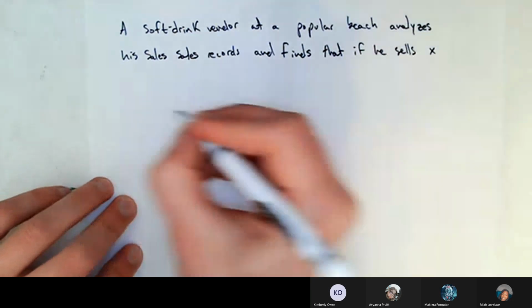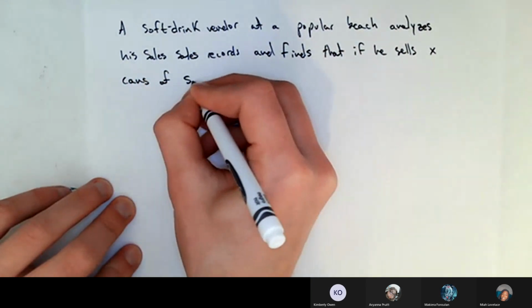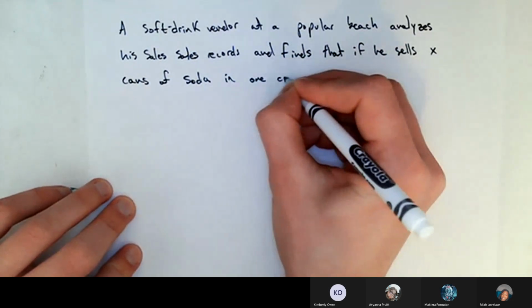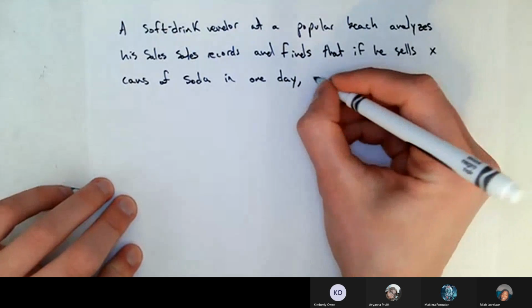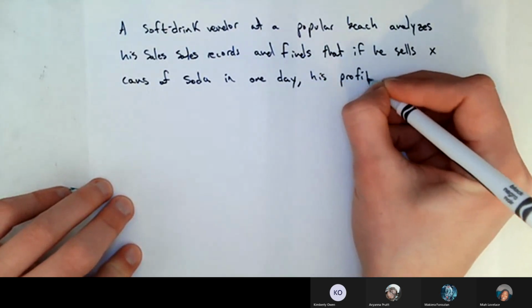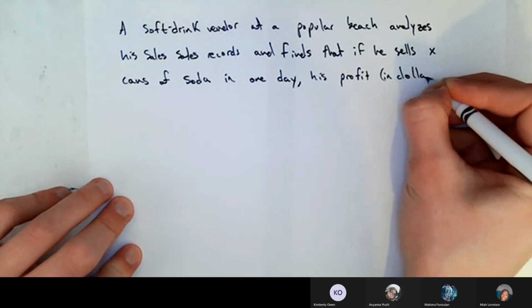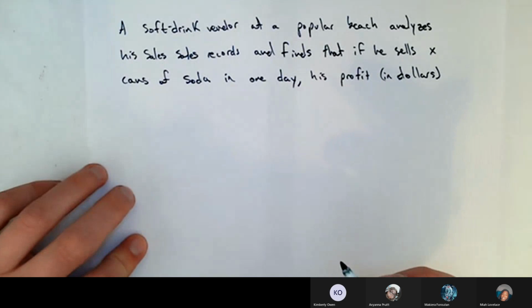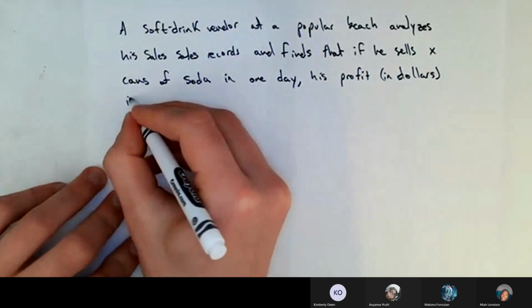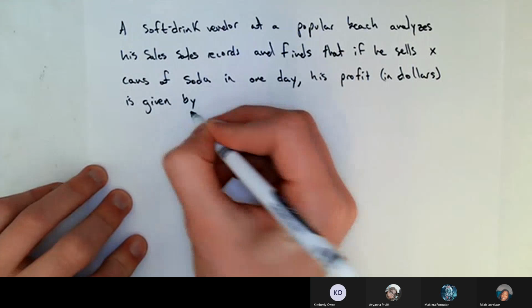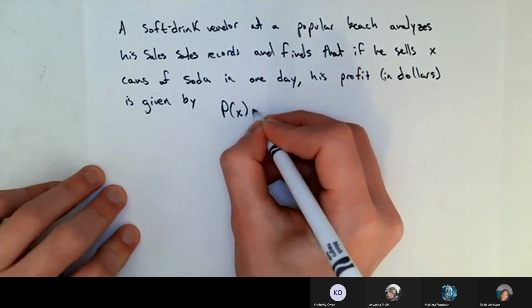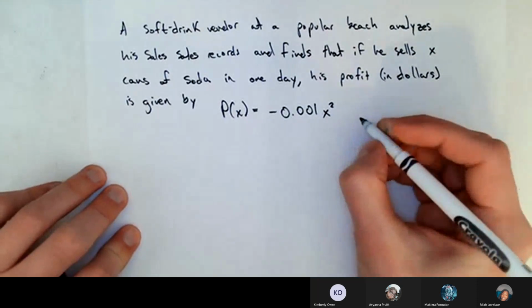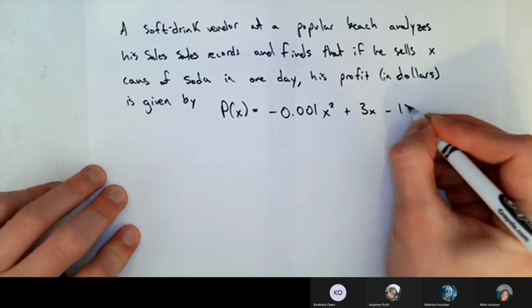If he sells x cans of soda in one day, his profit in dollars, because this is like an American beach or an American business, so we use dollars, is given by, now here comes a polynomial function, p of x equals negative 0.001, which is very different from what we're used to seeing, x squared plus 3x minus 1800.